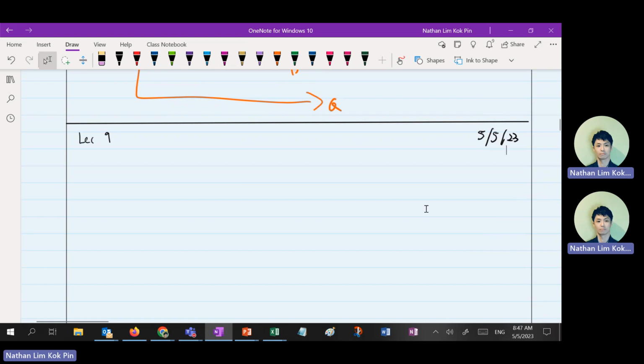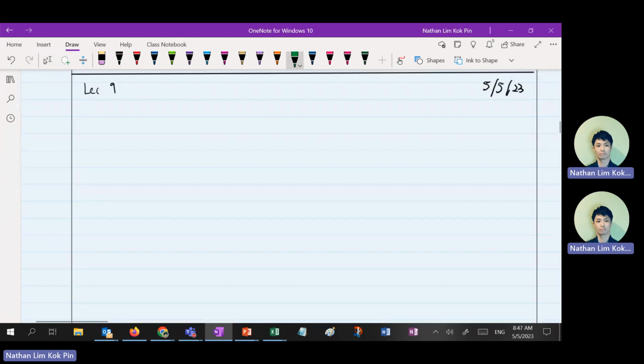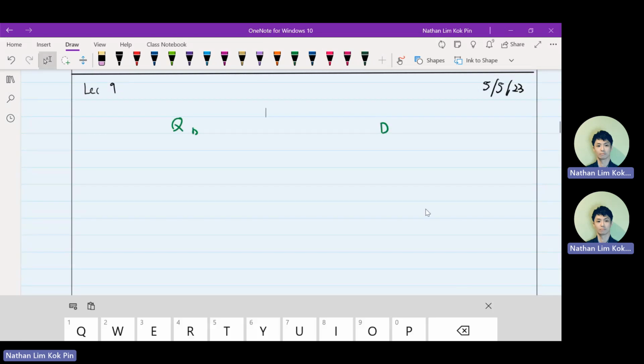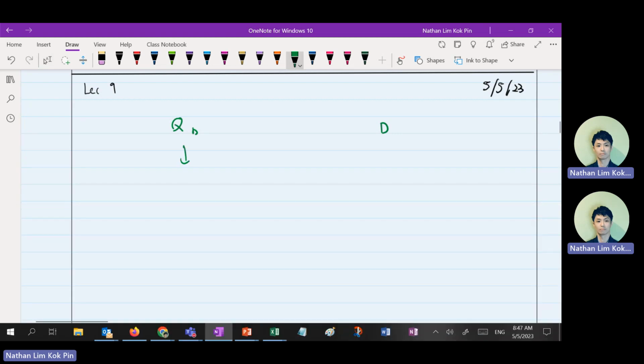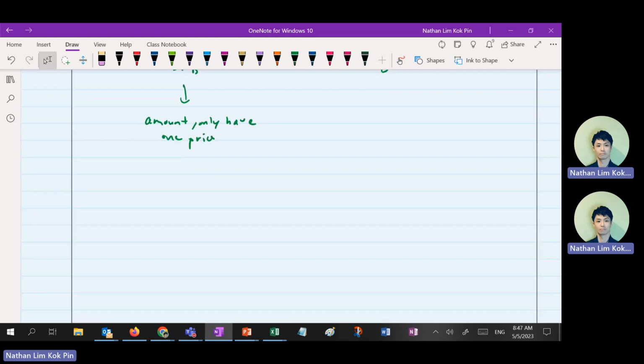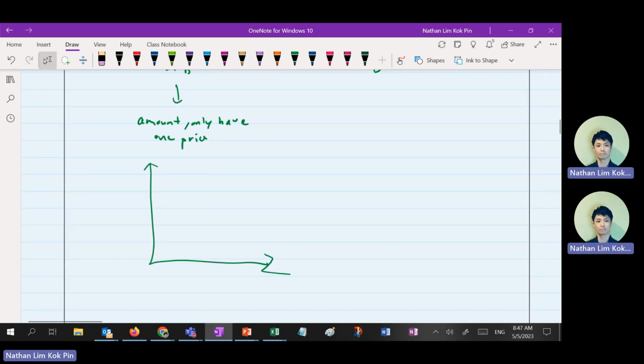We just cover quantity demanded and demand. So quantity demanded is the amount, and based on the amount, they only have one price, and it is shown as the movement along the curve.